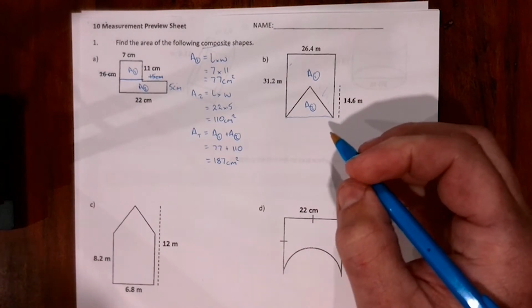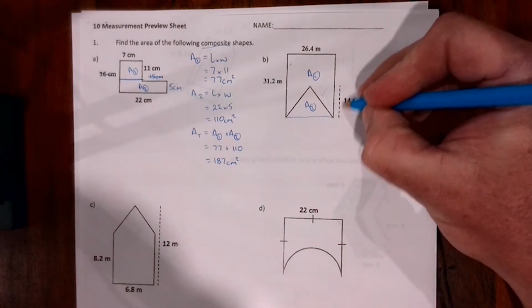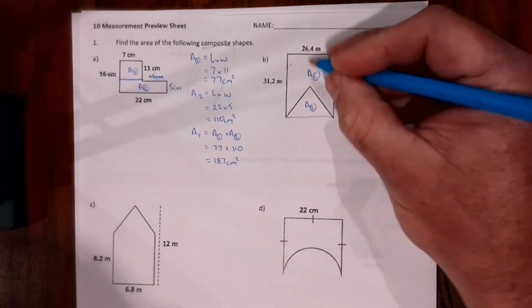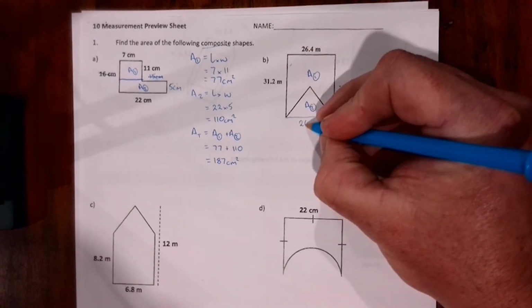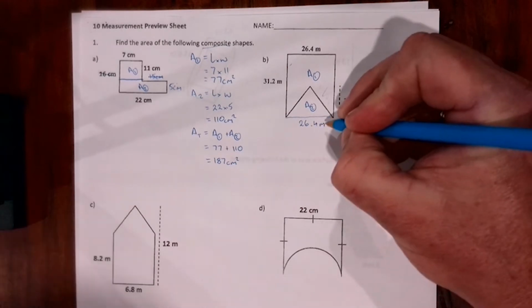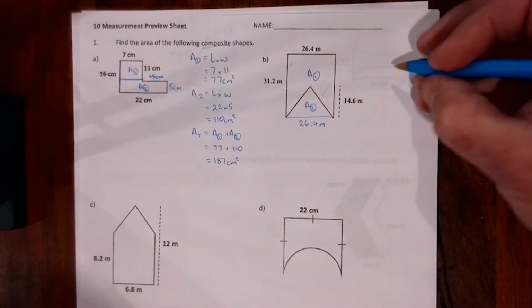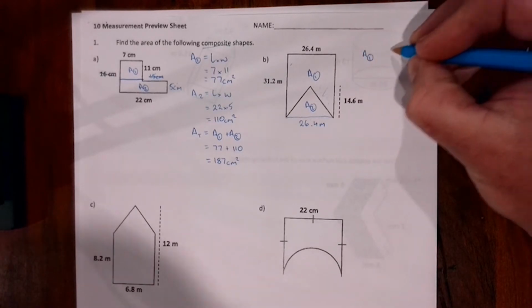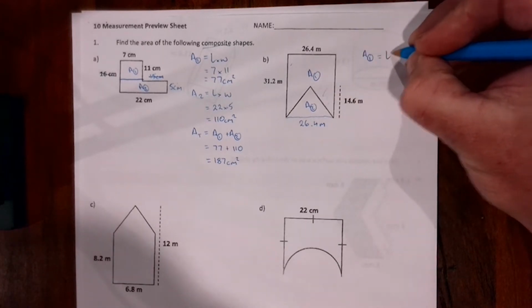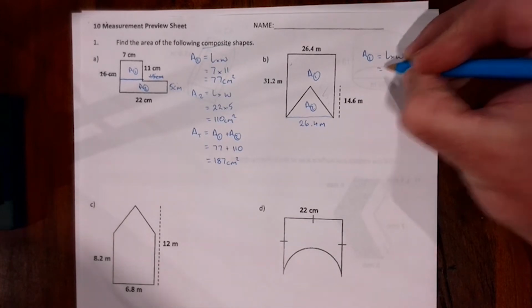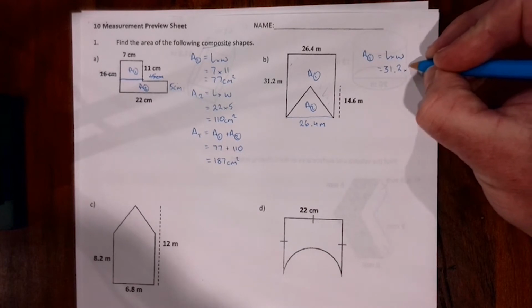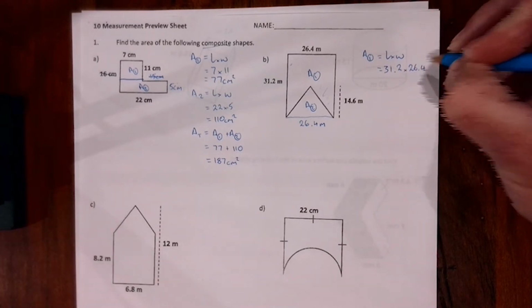Okay, now I've got the vertical height of the triangle here, so that's going to be useful, and the base of the triangle is also going to be 26.4 meters. So let's get going. Area 1 is going to be a rectangle, so it will be length times width, which is going to be 31.2 by 26.4.